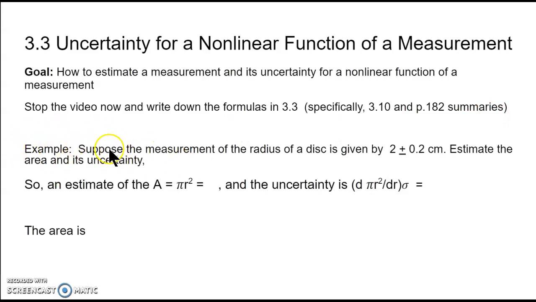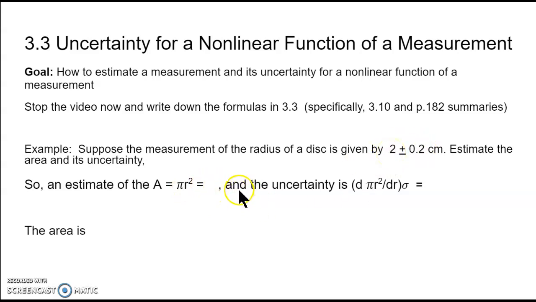Here's the example. We're going to use the same thing. Suppose the measurement of a radius of a disk is given by 2 plus or minus 0.2 centimeters. Estimate the area and its uncertainty. Area is a quadratic function of radius. It's r squared, not just r. An estimate of the area is pi times r squared, so we're going to do pi times 2 squared there.